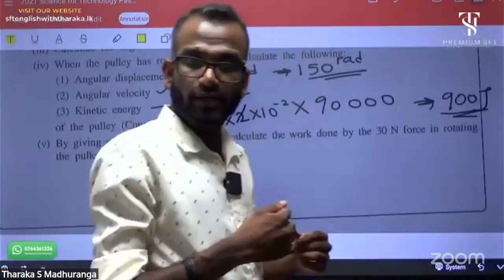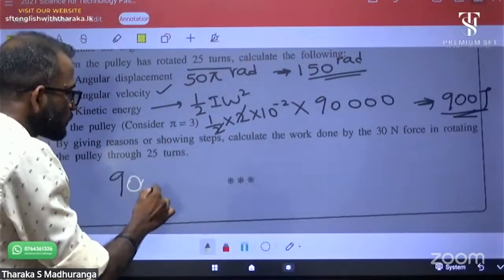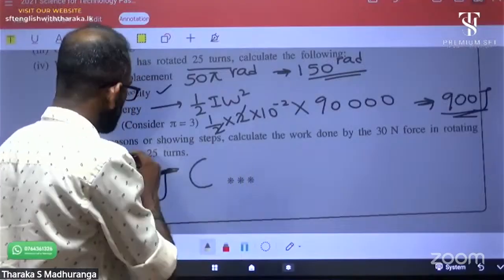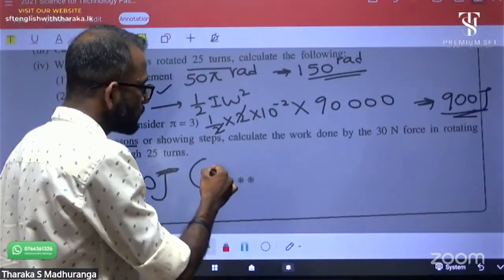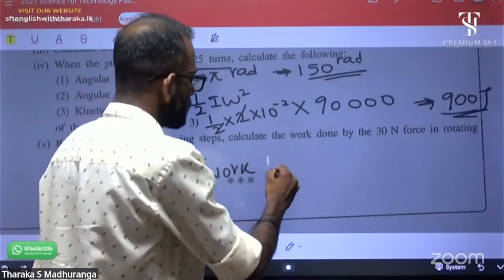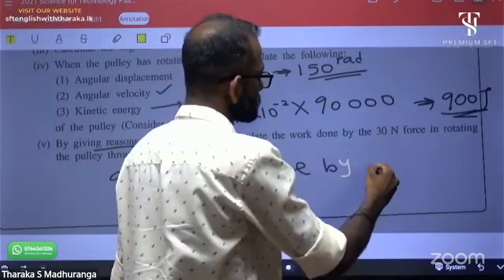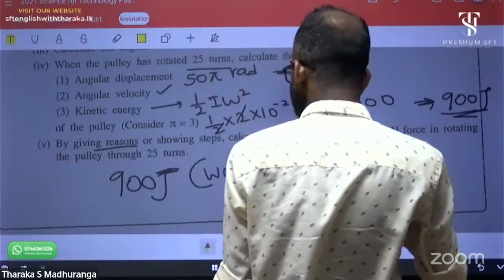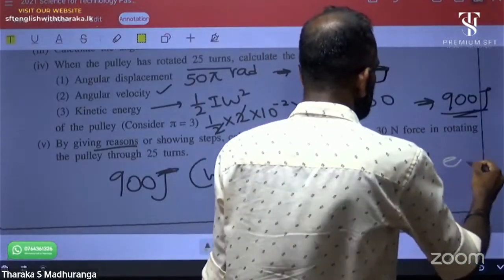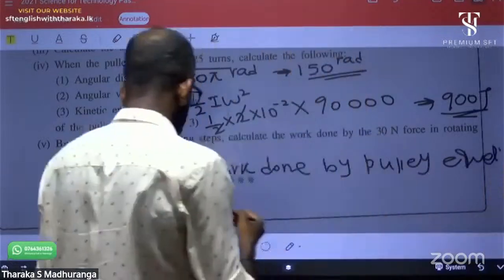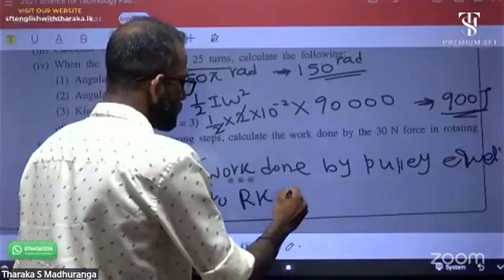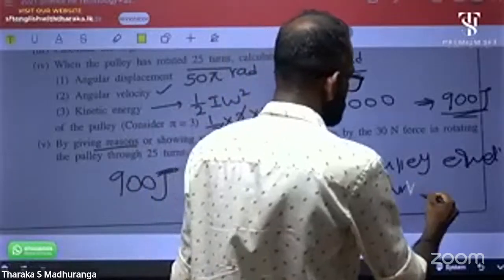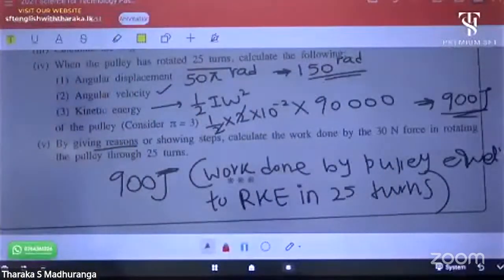That one also is 900 joules, because the work done is equal to, you have to mention the reason, you have to give the reason compulsory, the work done by the pulley equals the rotational kinetic energy in 25 turns. That question we already discussed.